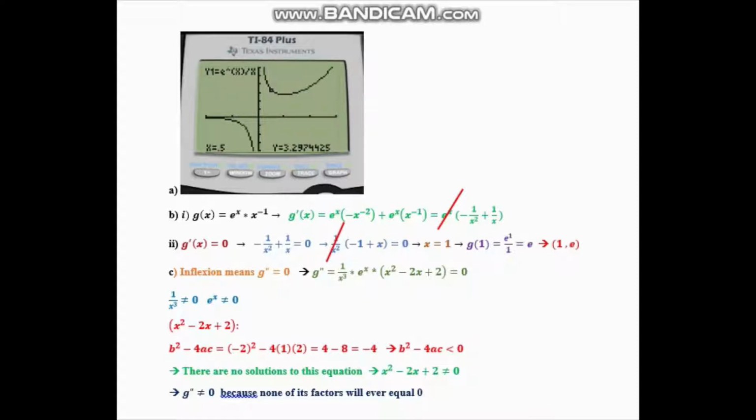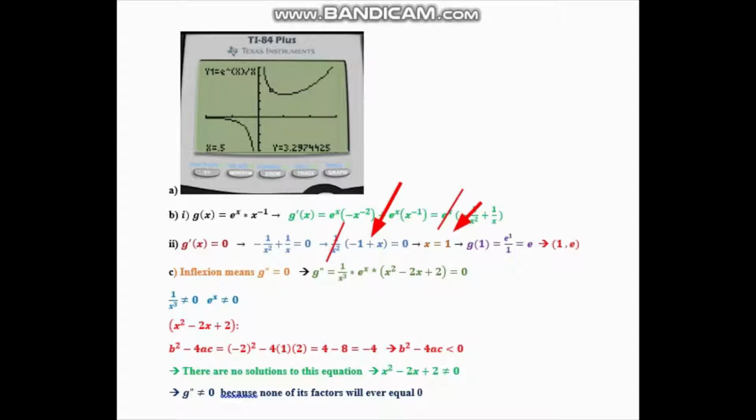So what remains for me to do is find the value of x that makes this bracket equal to 0, and obviously the value of x is 1. So this is useful particularly if it's a paper 1 question and you can't use the GDC to solve.